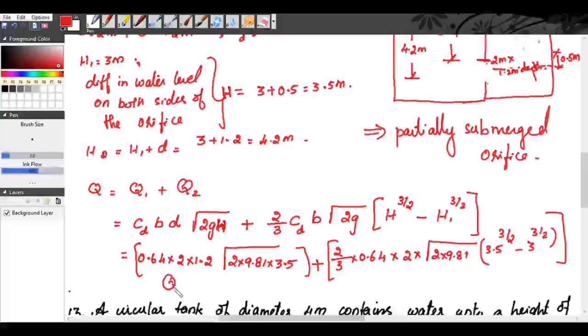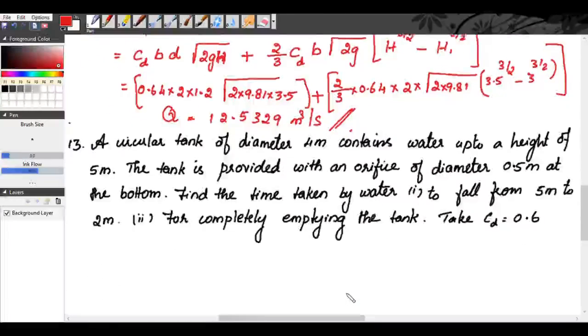So we get the discharge Q is equal to 12.5329 meter cube per second. Now we will move on to our next problem.